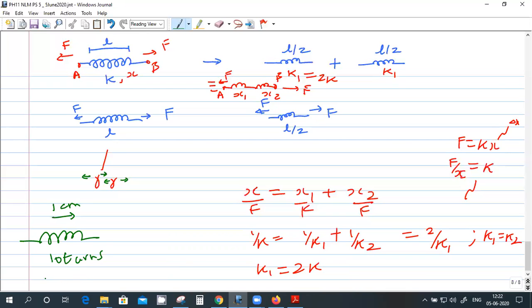So each turn, how much will it extend? 1 by 10, right? 1 by 10 centimeter per turn. Is that right? Because all the extensions will add, no? 1 centimeter is the extension between these 2 points, and there are totally 10 turns. So one turn will stretch by 1 by 10 centimeter. Is that right? Yes or no? Yes, sir.